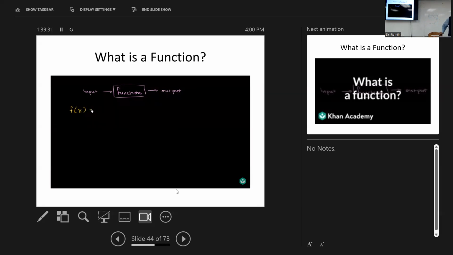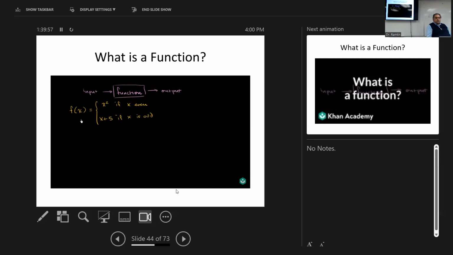We could have f of x equal to x squared if x is even, and let's say it is equal to x plus 5 if x is odd. So what would happen if we input 2 into this function?